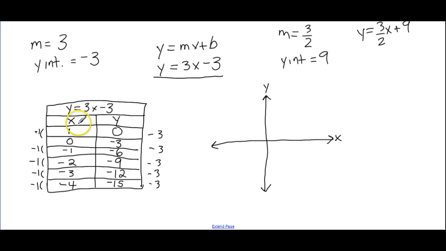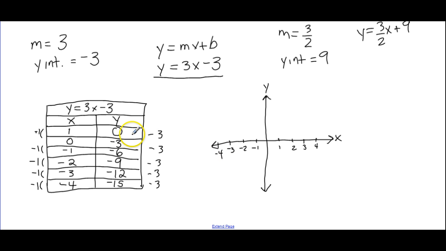Now I know that my x line is going from 1 down to -4, so I've got 1 here. I could do 2, 3, and 4, just for labeling's sake, but I'm going down here to -4, so I'll say that's -1, -2, -3, and -4.